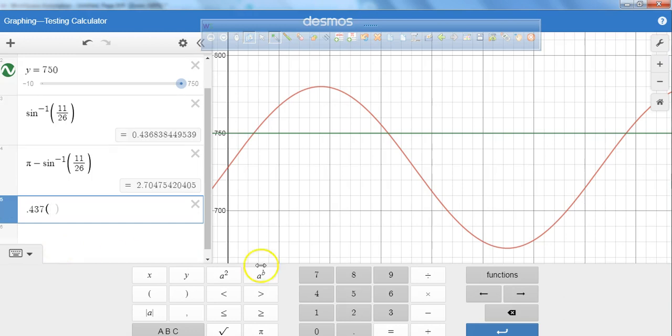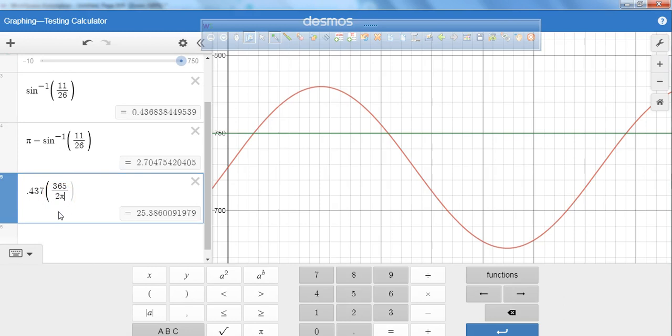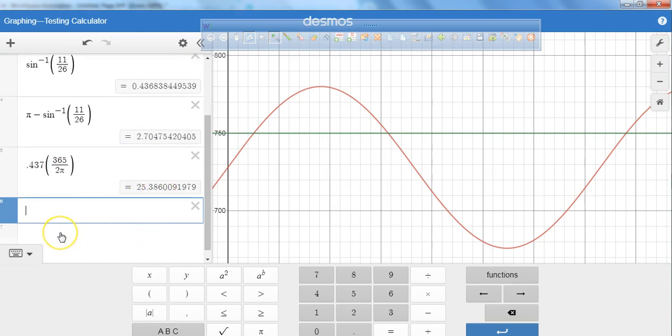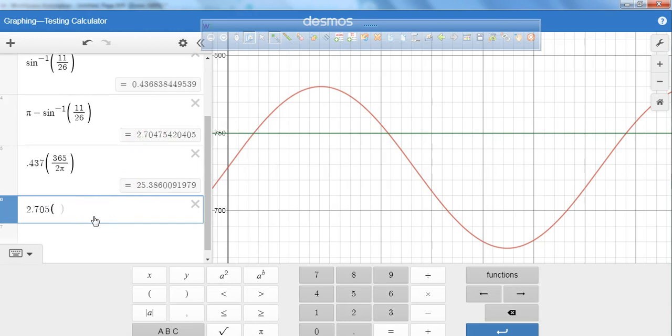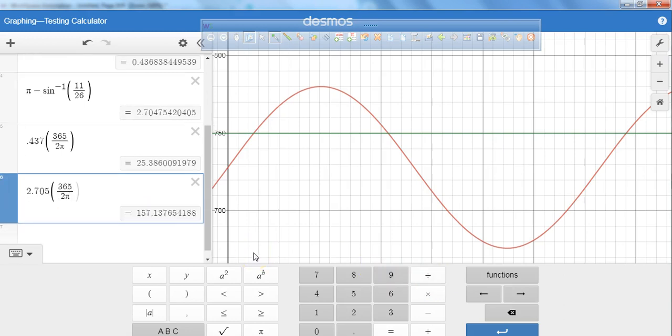And we are going to multiply that by the fraction of 365 over 2 pi. We get 25.386, all right? And then we also have this 2.705. And we're also going to multiply that by the 365 over 2 pi.